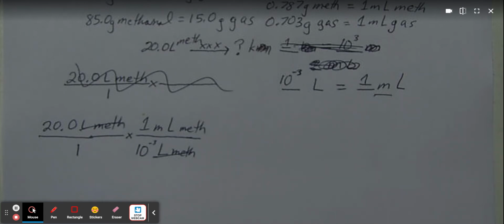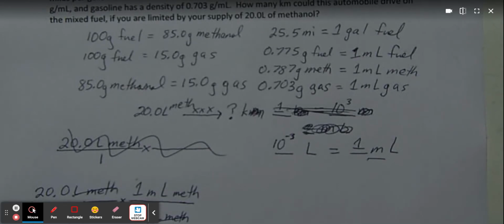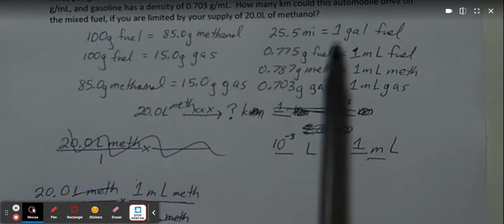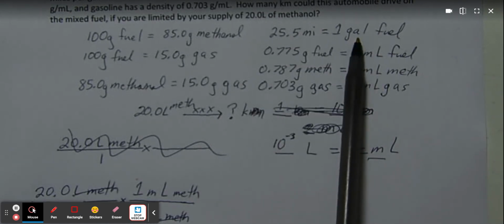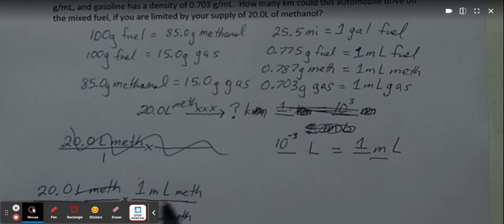And eventually I want to get to distance. I want to get to kilometers. So what do I got to do next? I have milliliters. I could convert that to grams, right? And notice here I have miles to gallons. So if I could get that to gallons of fuel, but I have methanol.